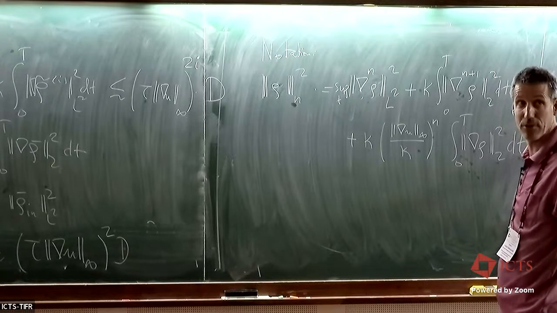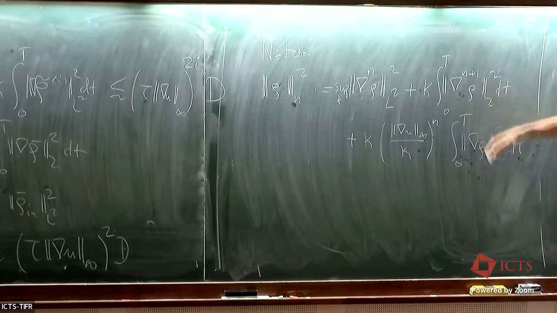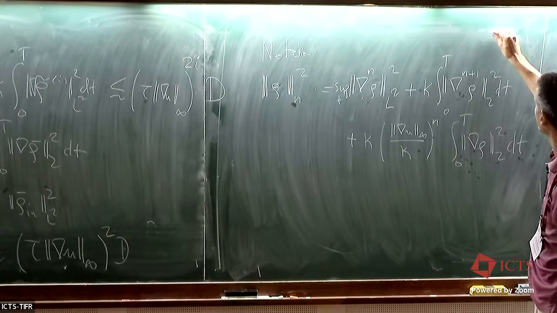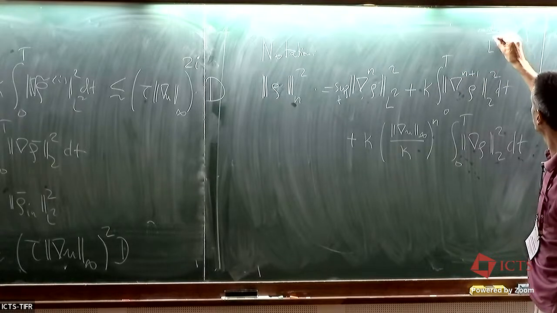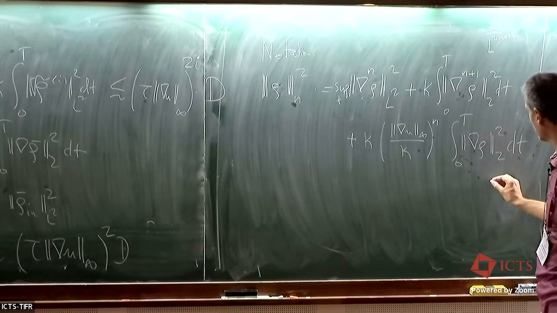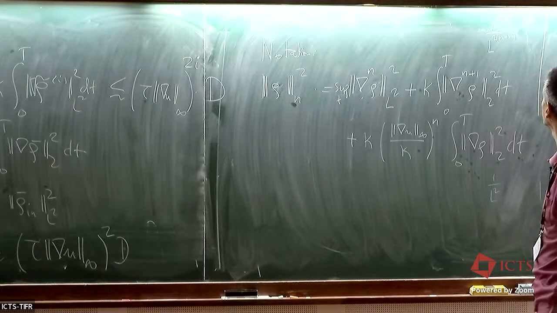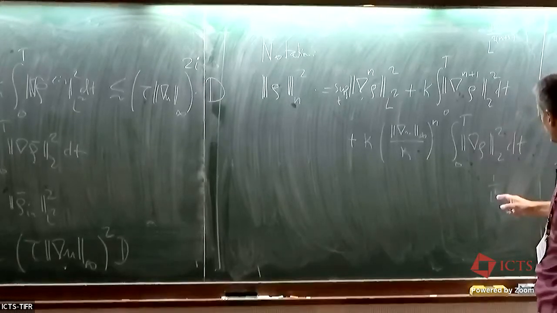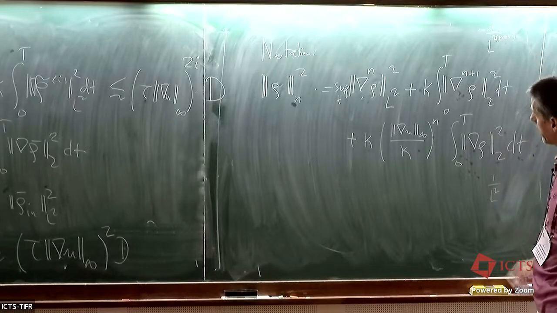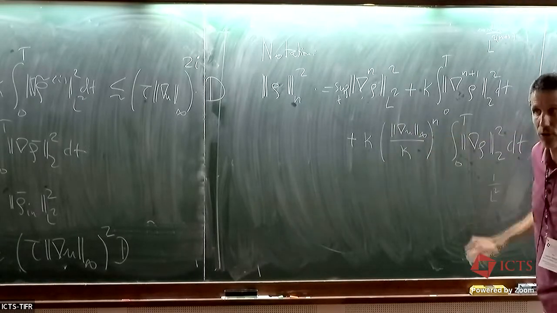Okay, then they have the same. Right? The dimension of this is, just looking at the number of derivatives, 1 over L to the 2n plus 1. The dimension of this is 1 over L squared. So you see, I need to multiply this by 1 over L to the 2n. And this has that dimension, right?